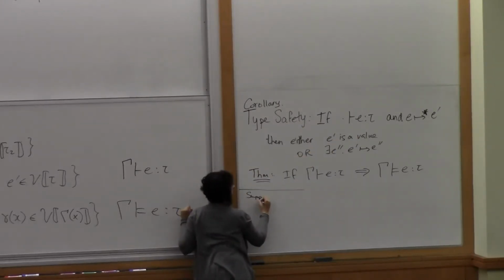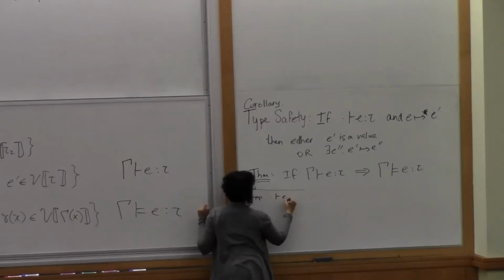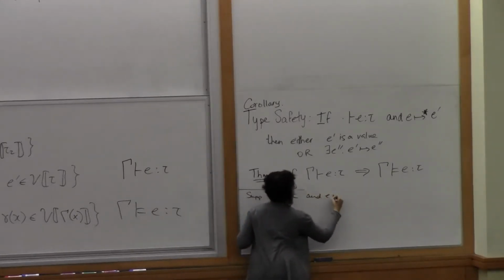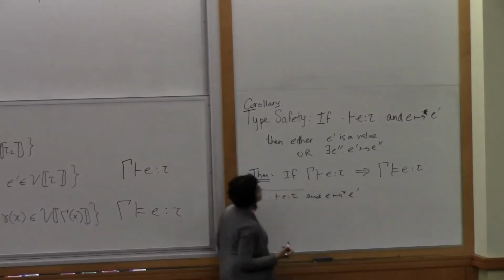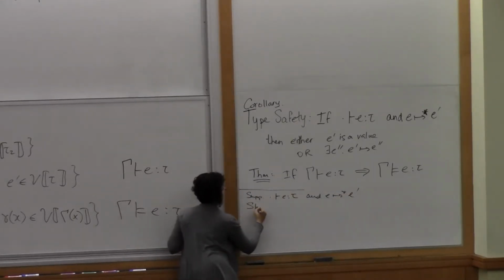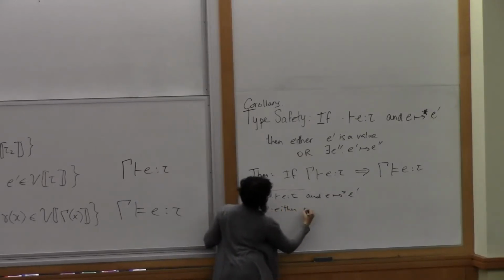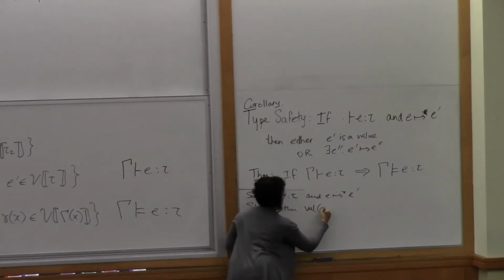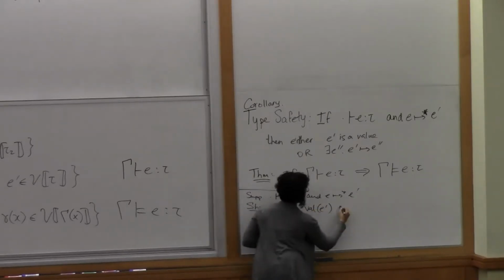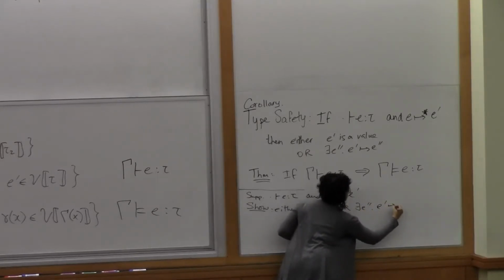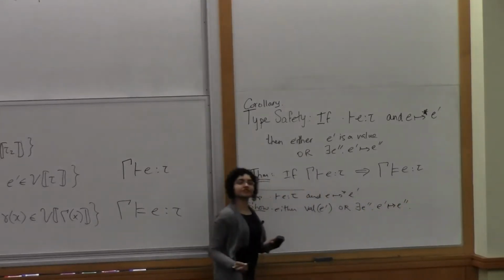We're given that E is a closed term of type tau, and we know that E takes a bunch of steps to get to E prime, and now we have to show that either E prime is a value, which I'm now writing as val E prime, or there exists an E double prime such that E prime steps to E double prime. That's what we have to show.